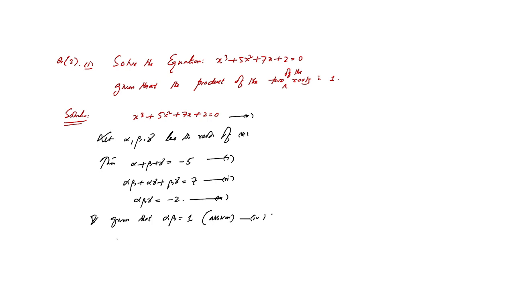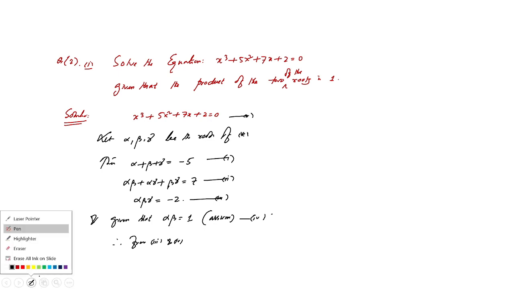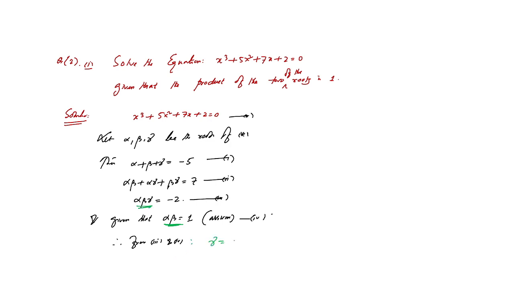So therefore from 3 and 4, put the value of alpha beta as 1 here. So what will be the gamma? Gamma will be minus 2 since alpha beta equals 1.